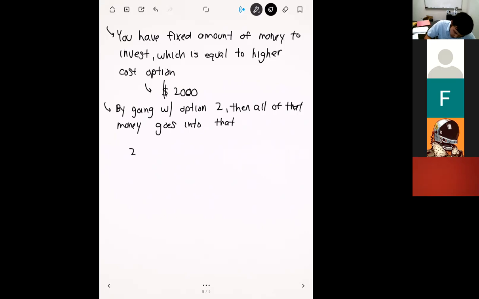Basically our $2,000, all of it goes into alternative two. And then what we get out of it in the end is $2,800.